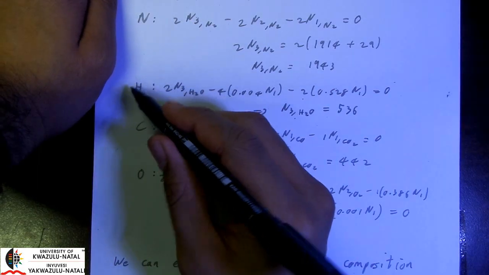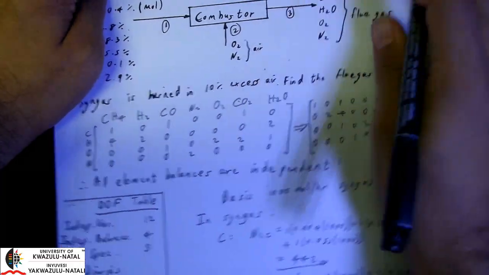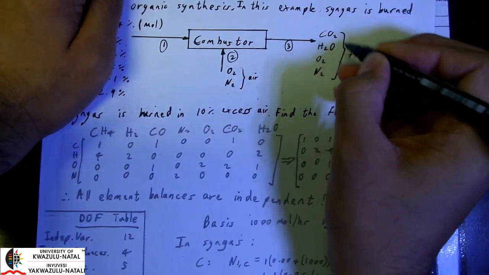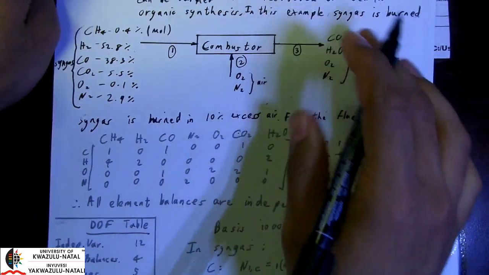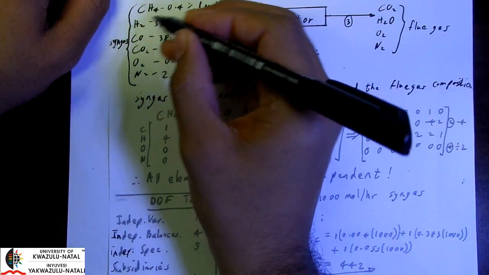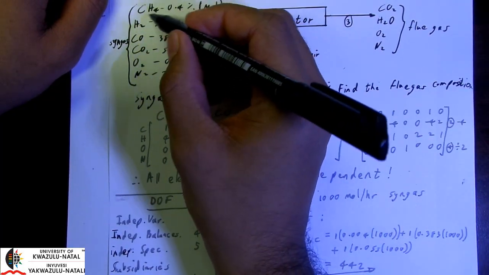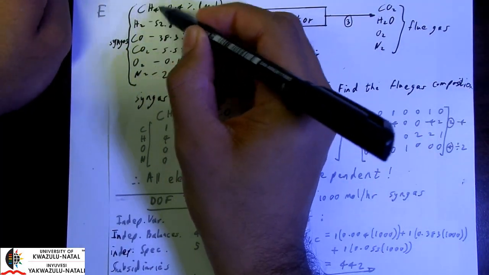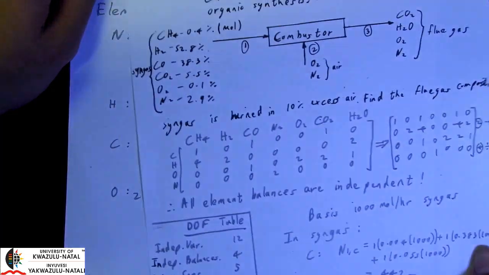In terms of our hydrogen, we do the same thing. We have our hydrogen coming out in the form of water, and that is equal to our hydrogen coming in. And that is in terms of our methane and our hydrogen gas.